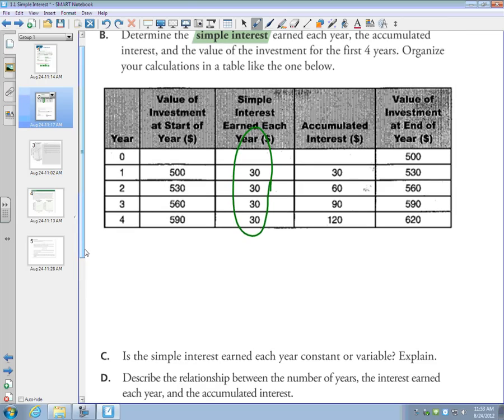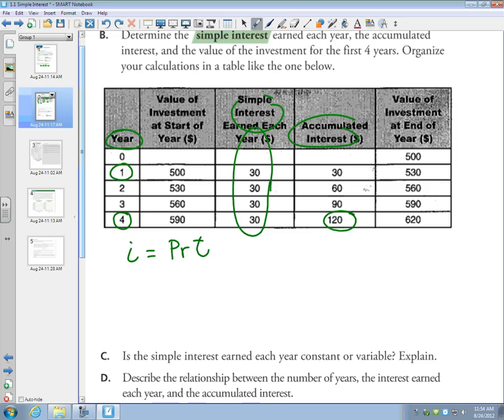We're looking at comparing year, interest earned, and accumulated interest. As the years get higher, simple interest stays the same, but accumulated interest increases. This relationship could be looked at as I, interest, is equal to the principal times the rate times the time for simple interest.